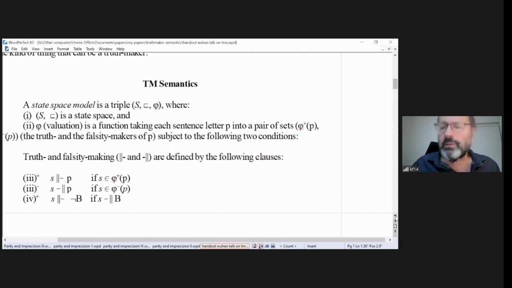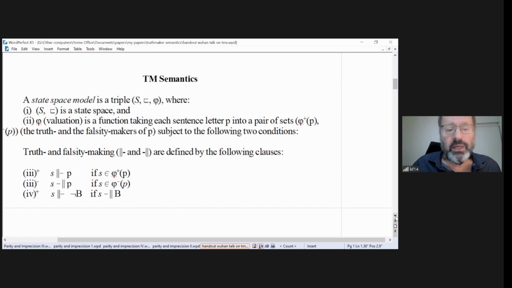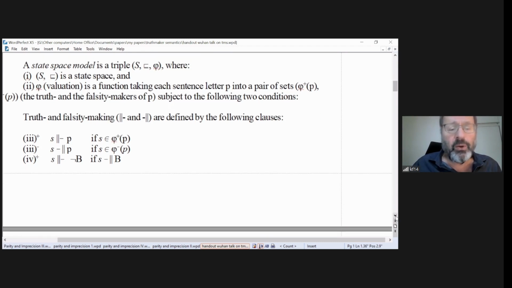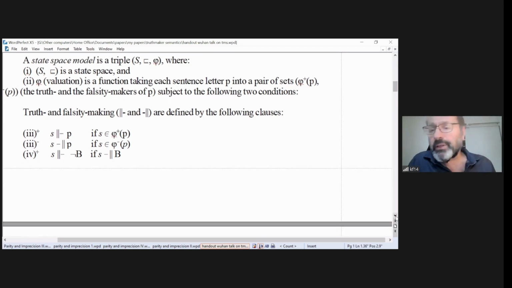So we've got the state space model. We've got the state space, and for each sentence letter of the language, we've said which states make it true and which make it false. And now we want to say quite generally, when does a state make a formula true and when does it make it false? And I use this notation here. There's a double vertical line followed by a horizontal line, and that's for truth making.